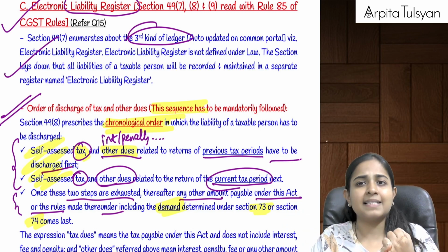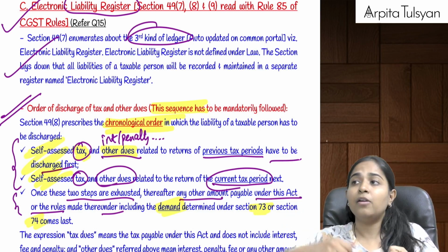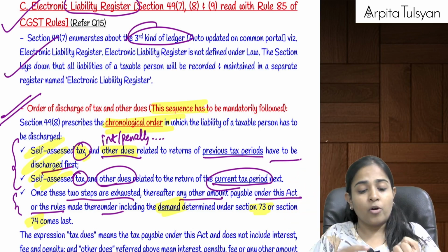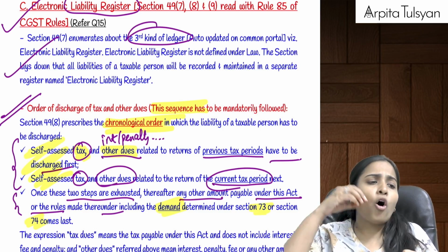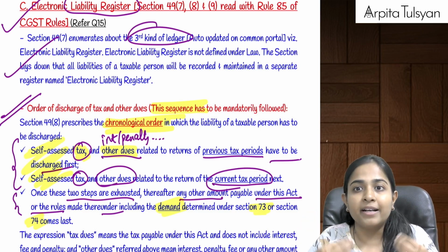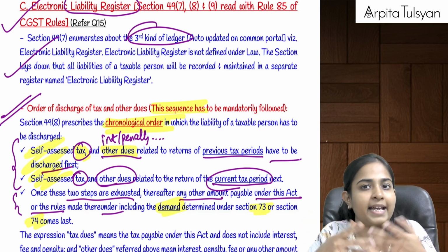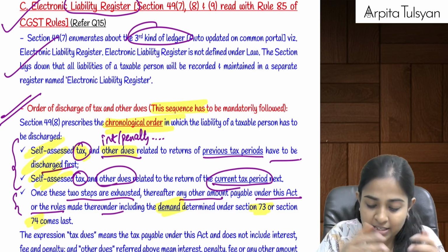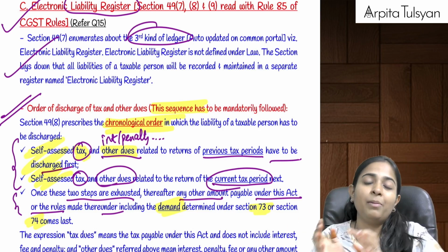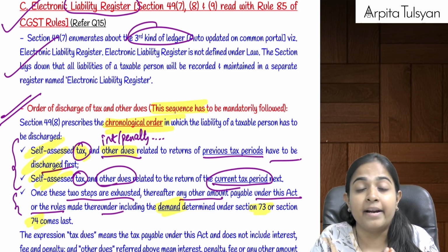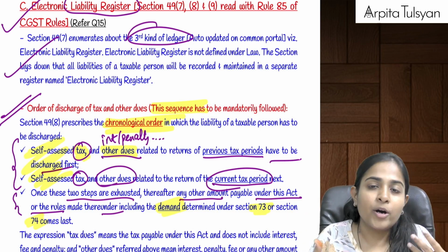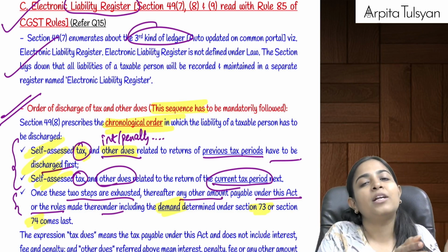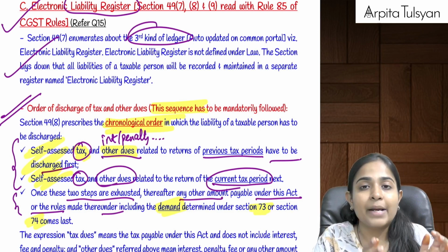Taxes and other dues which are payable for any past period, taxes or other dues which are payable for the current period, or any other amount which has been determined by the GST authorities, for example by way of demand notice under section 73, 74, all these will be debited. This is not yet paid. These amounts are payable, so these will be debited to the electronic liability register.